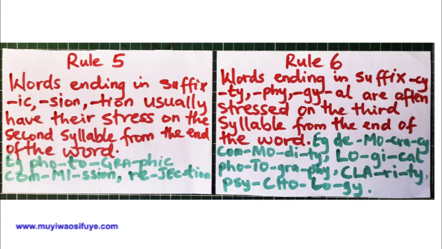From the end, just like we did for rule 5, where we counted from the end of the word, second syllable. This one, they are stressed on the third syllable from the end of the word. Now look at the examples we have in green marker.